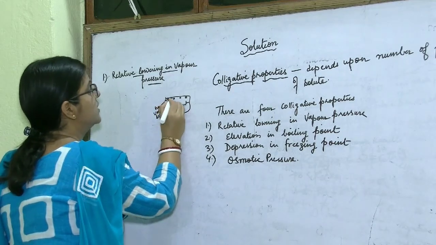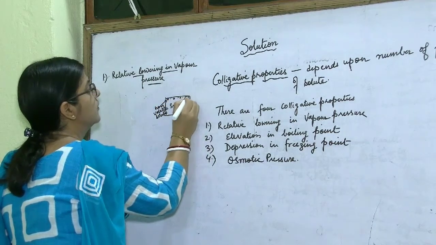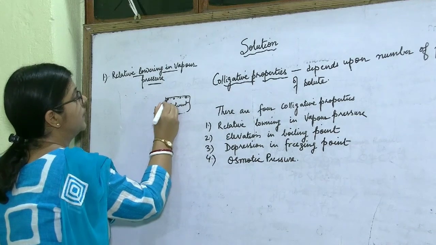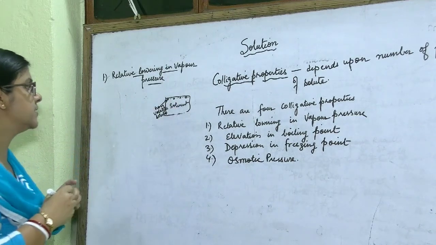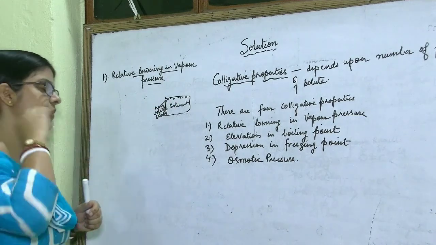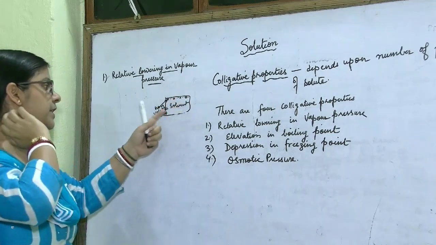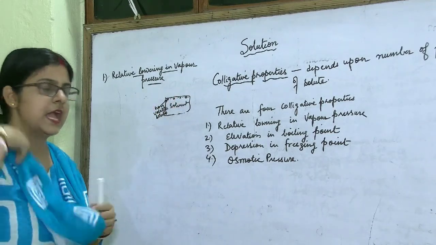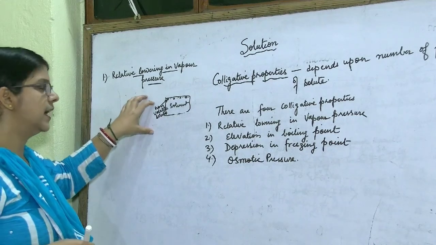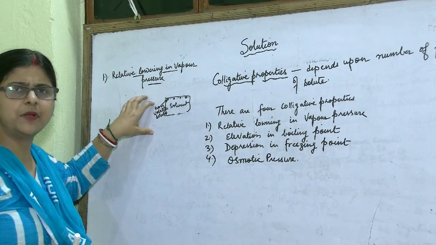Suppose these are the particles of non-volatile solute; they will occupy the surface of the container containing the solvent, and they will not change to vapor state.